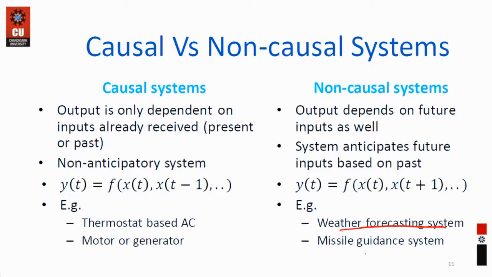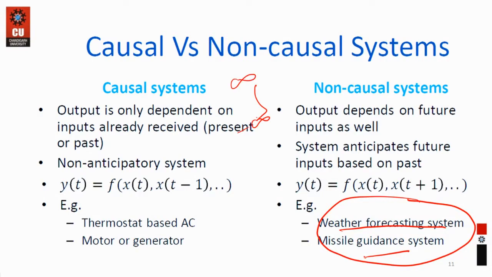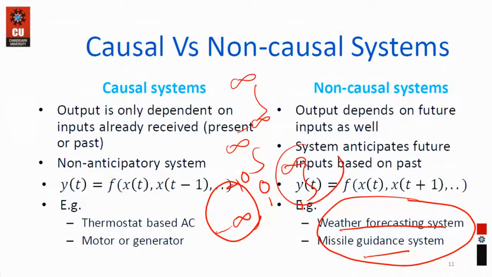Missile guidance system is also an example of a non-causal system. So what they are doing, they are estimating. That's why in most of the definitions, instead of -infinity to infinity, we are saying 0 to infinity, because -infinity to -1 is your future, 0 is your present, and 1 to infinity is your past.